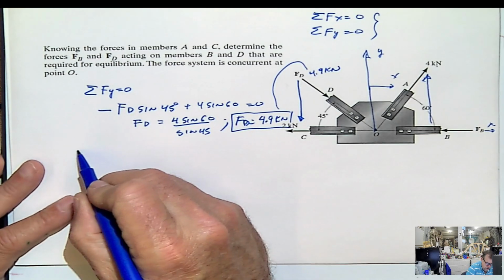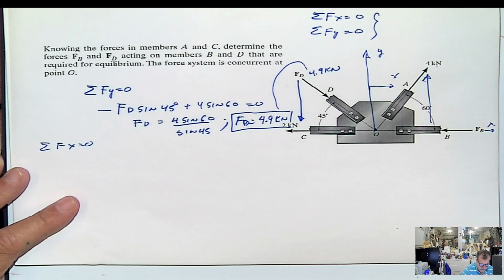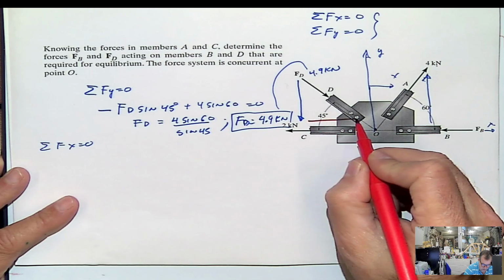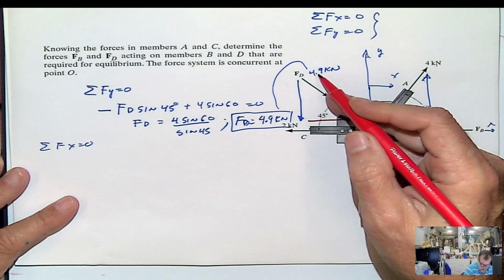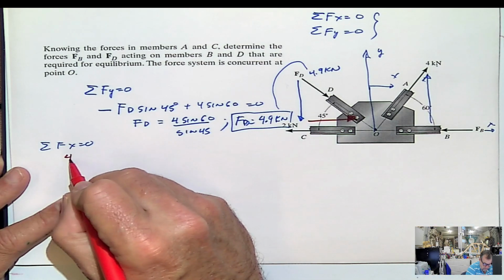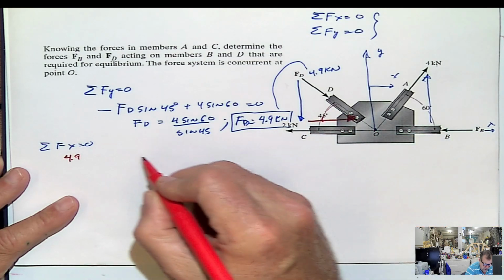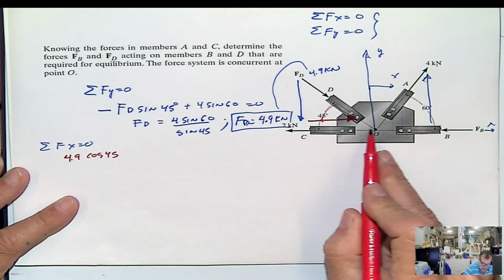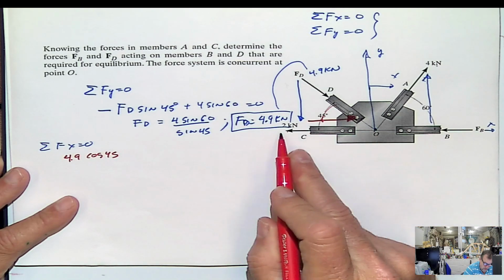Now we can proceed with summation of forces in X equals 0. And if I do summation of forces in X equals 0, what do we have? We have this component of FD, but I already know FD, so I'm going to put the value for FD, 4.9 cosine 45, because it goes in this direction. This force is going to the left, and I say to the right is positive, so it's going to be negative.